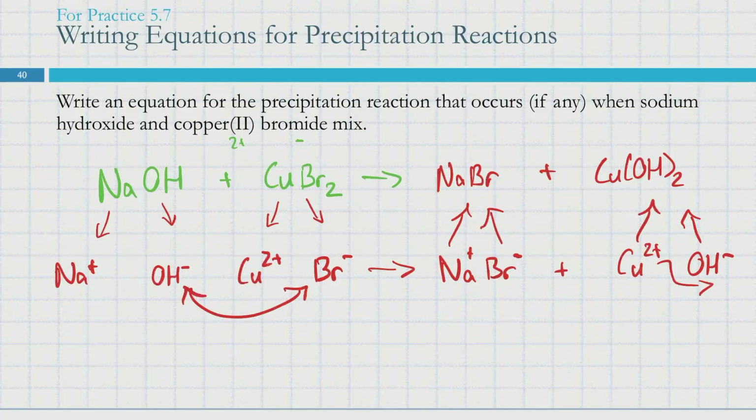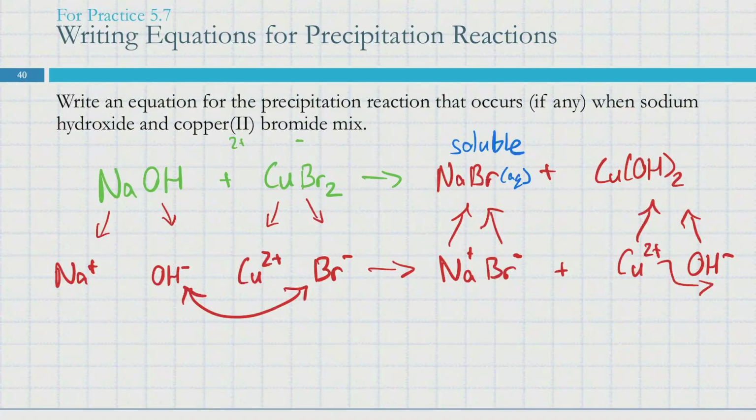Okay, so now we have to look at, are they soluble? So we look up sodium bromide. On our solubility table, sodium shows up in our generally soluble. We don't have an exception for sodium, so this one is soluble. And then we've got our copper 2 hydroxide.